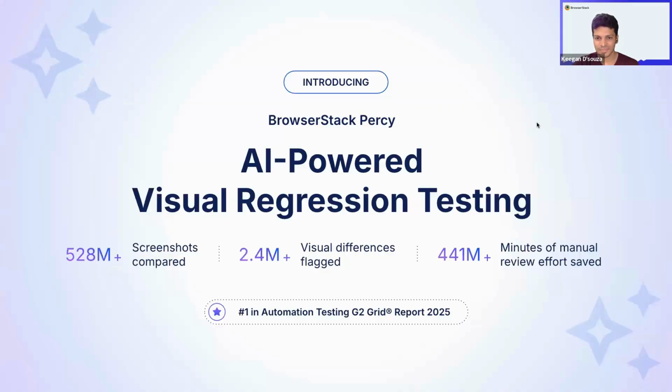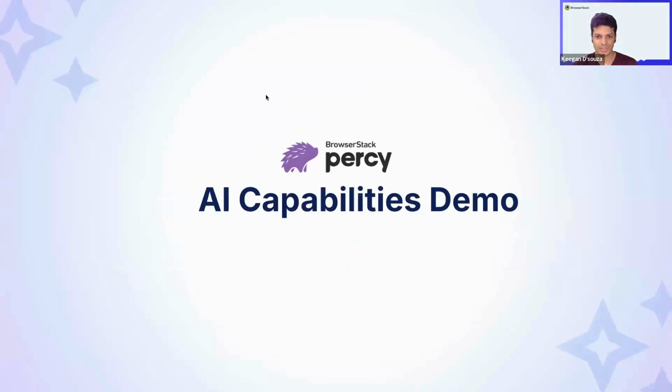All right. So now I'm going to give you a quick preview of how we are leveraging AI for visual testing at Percy. I'm going to give you a quick demo of a very exciting feature that we launched just 2 months ago. It's called a visual review agent.